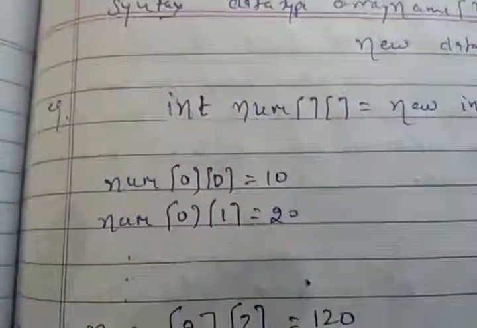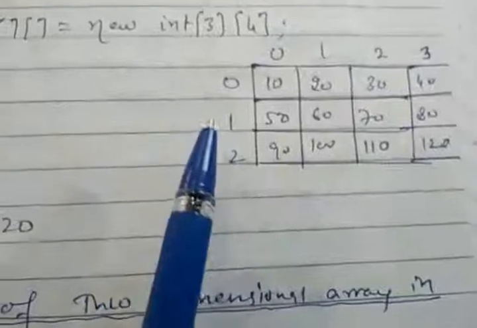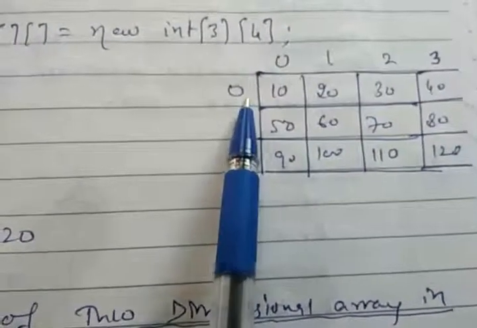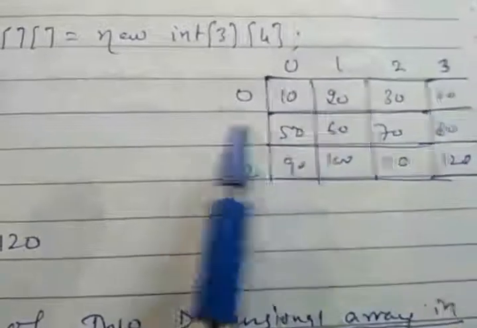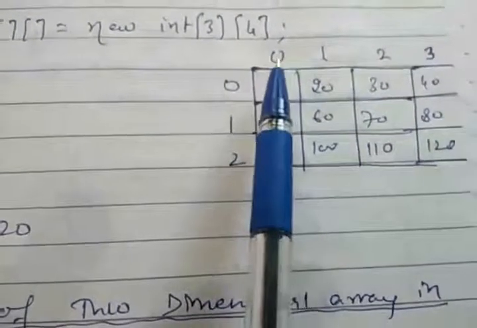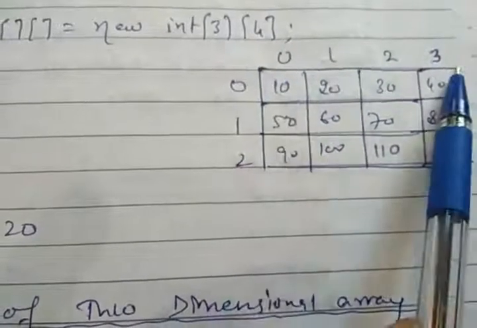Suppose we have created a two-dimension array, and the size of that array is 3 of 4, 3 rows of 4 columns. So these are the rows, and the index values will be 0, 1 and 2, and the index values of the columns are 0, 1, 2 and 3.